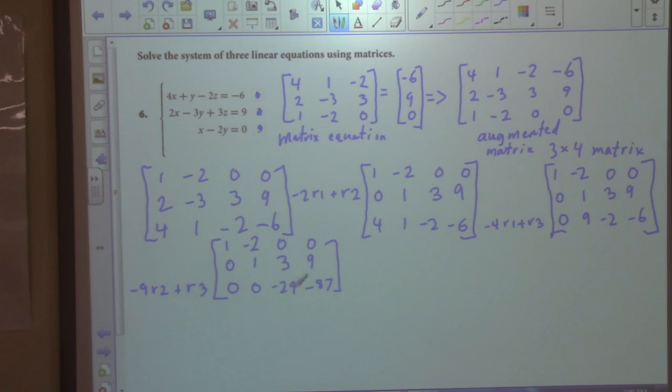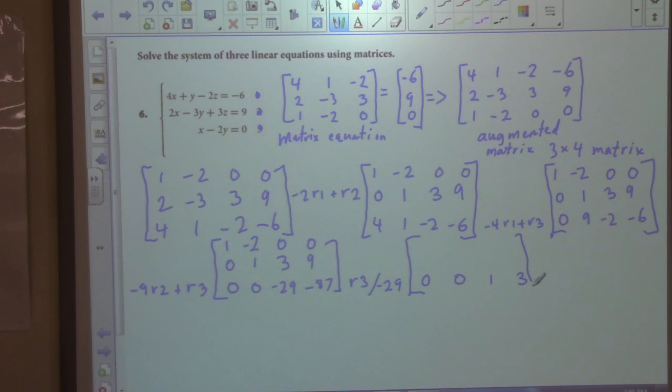What can we do to make this negative 29 a 1? Divide by negative 29? Exactly. So we're going to divide that bottom row by negative 29, and we get 0, 0, negative 29 divided by negative 29 is 1, and negative 87 divided by negative 29 is actually positive 3.